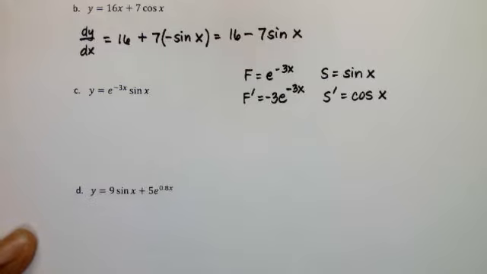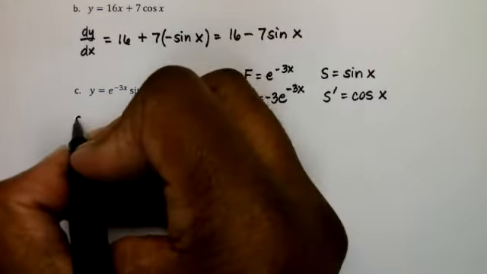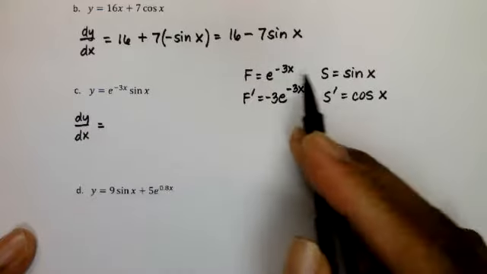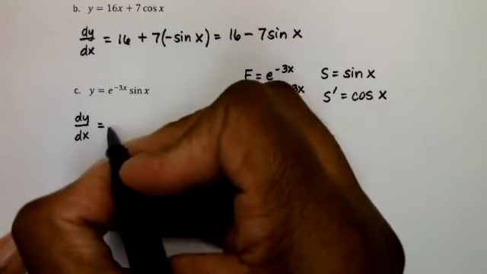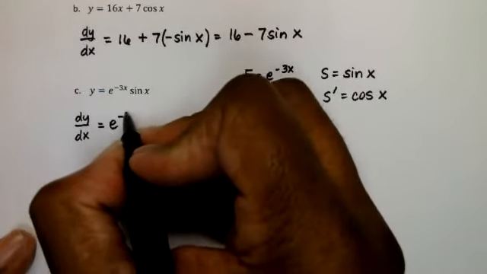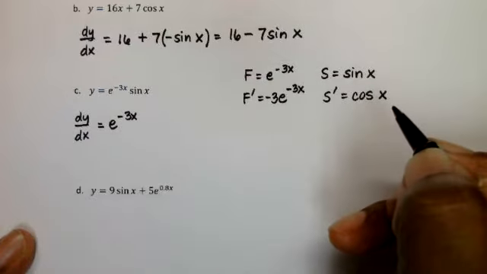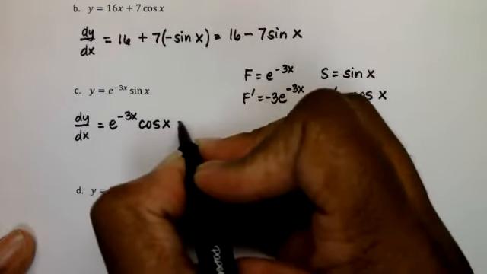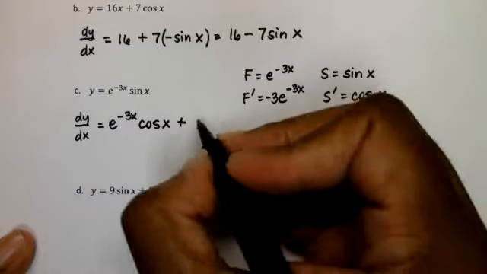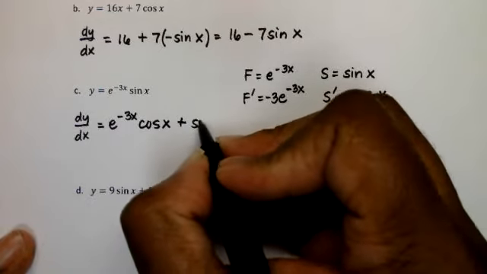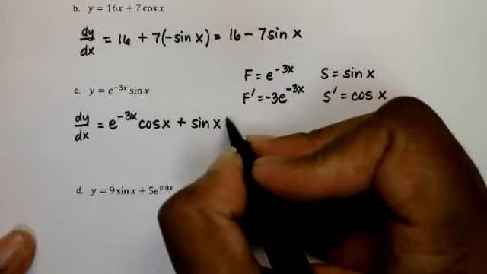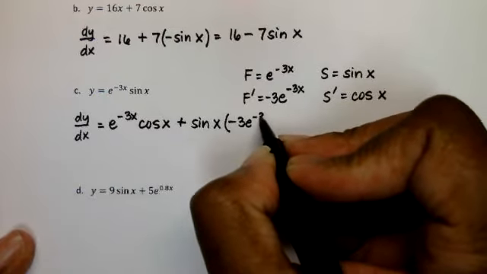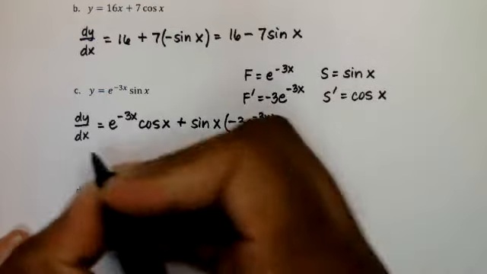So here we're going to use the product rule. That's this: first times the derivative of the second. That's your e to the negative 3x times the derivative of the second, which is your cosine, plus the second, which is sine of x, times the derivative of the first. That's negative 3 e to the negative 3x.